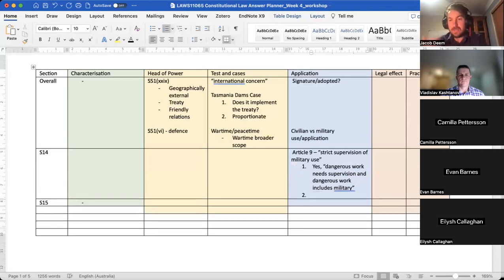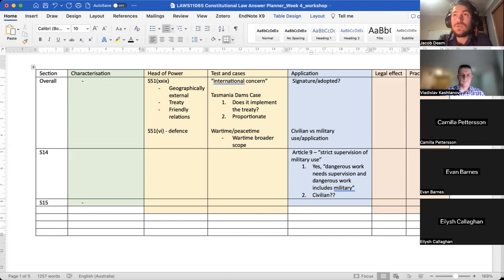but thinking about proportionality and whether Section 14 is appropriate and adapted to the aims of the treaty, we've got this issue with civilians, right? Is the requirement that the civilian use also be strictly supervised appropriate and adapted, or is it an overreach?